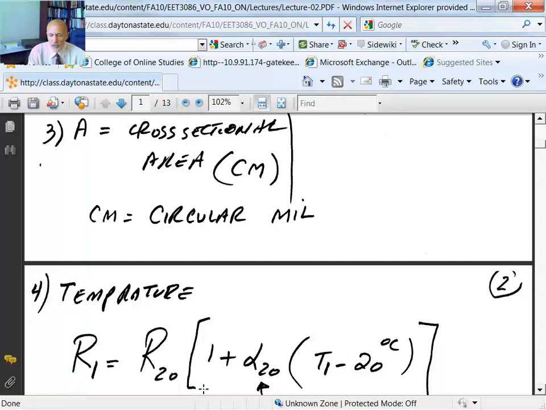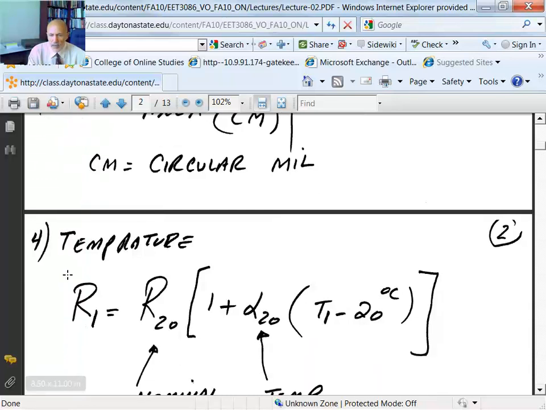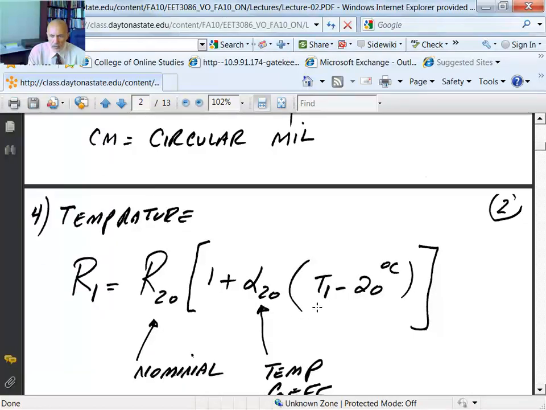temperature coefficient. And you can calculate it based on this equation, that R1 is equal to R20, that's the value at room temperature, 20 degrees Celsius, times 1 plus alpha 20, the temperature coefficient, times T1 minus 20 degrees Celsius.